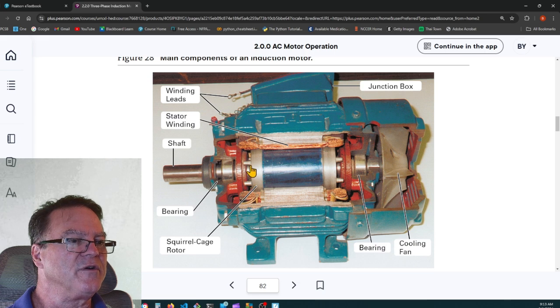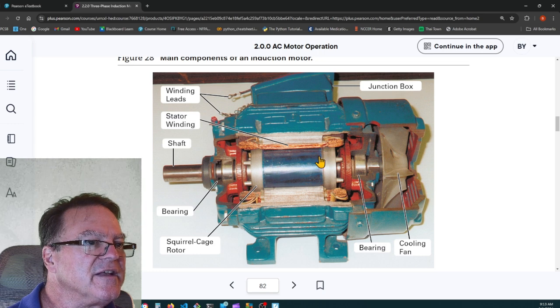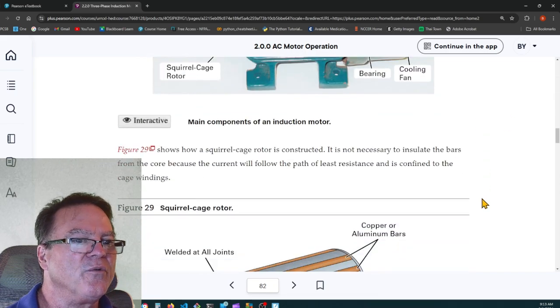And then the rotor has a squirrel cage. Basically, we can't see them, but there are bars of aluminum running through this. You can kind of see it. And they're twisted slightly, and that's because of the neutral plane. But yeah, they're twisted slightly, and that helps aid in the motor running.